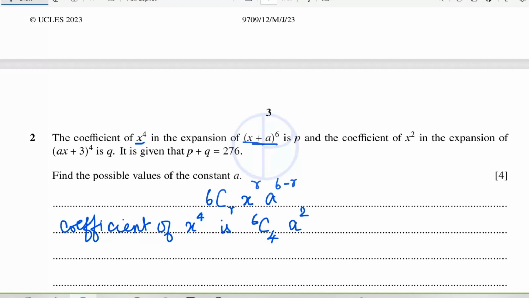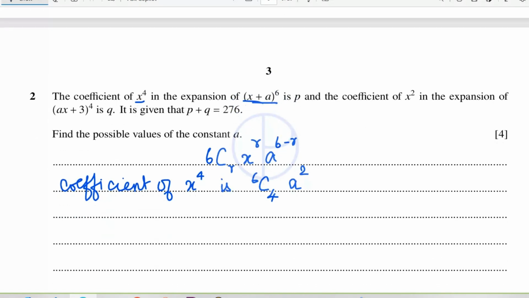So the coefficient of x power 4 is 6C4 a square, which is nothing but 15a square.